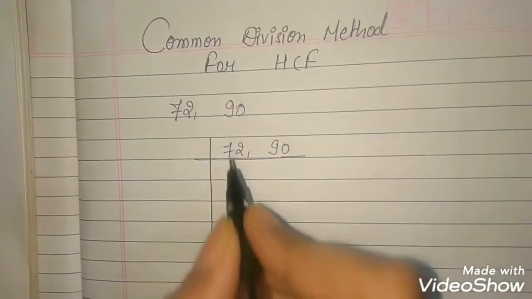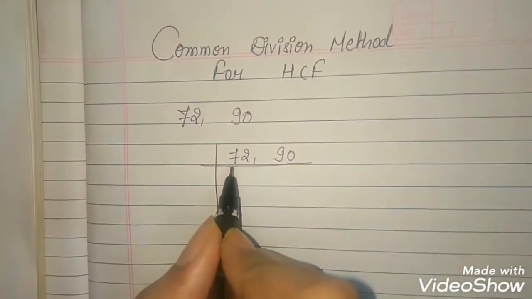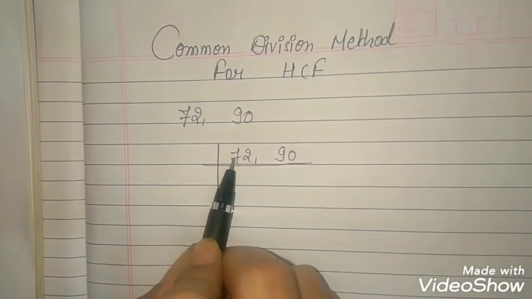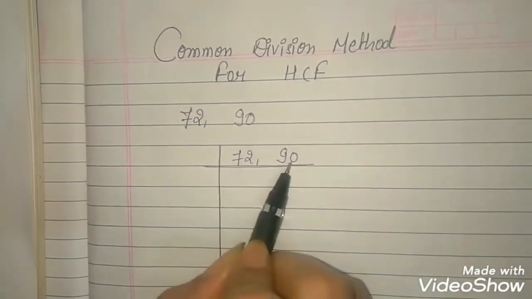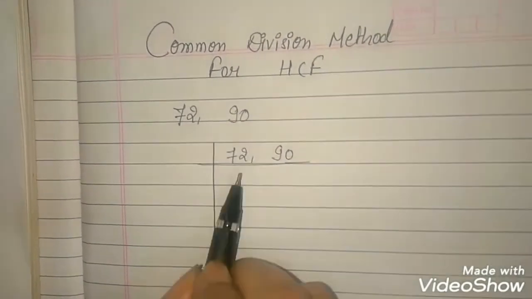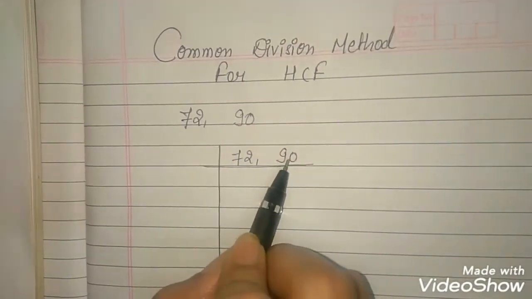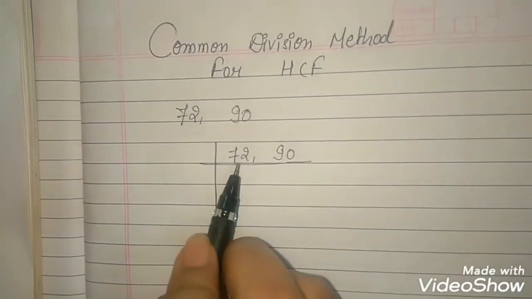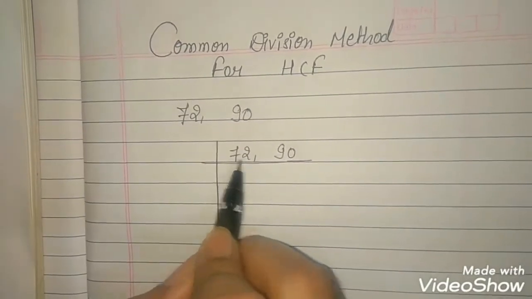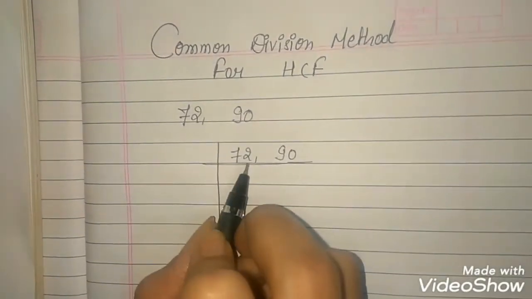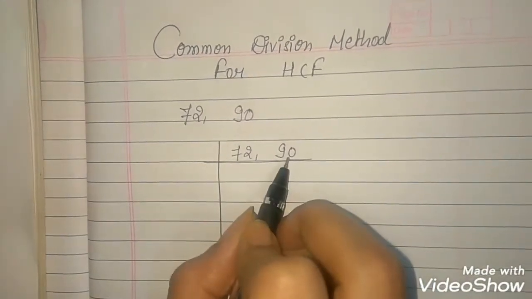So first of all, when I will start to divide these numbers, I will check that the both numbers are divisible or not. Suppose I am dividing both the numbers by 2. 72 is divisible, 90 is divisible by 2.